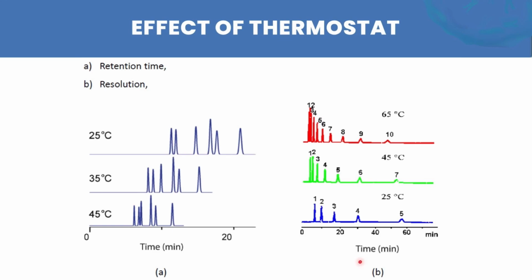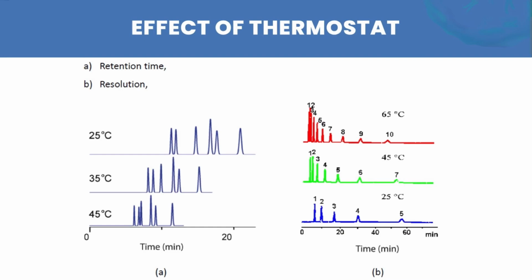Second, if we look at this diagram, this is the separation of peaks at 25 centigrade, this is at 45 centigrade, and this is at 65 centigrade, and we are seeing that at a temperature of 65 centigrade, 10 different compounds have appeared in the chromatogram. At 45 centigrade only 7, whereas at 25 centigrade only 5 compounds have appeared.